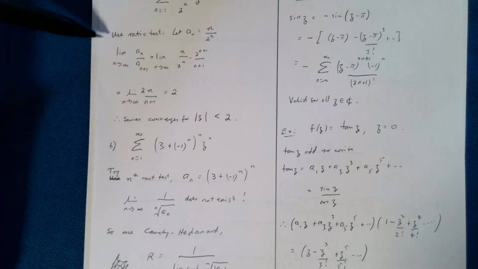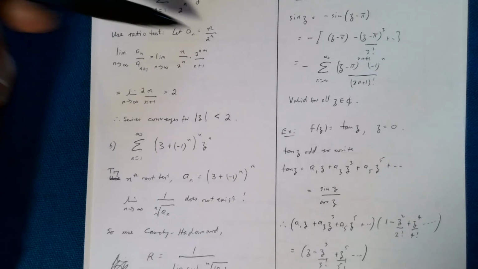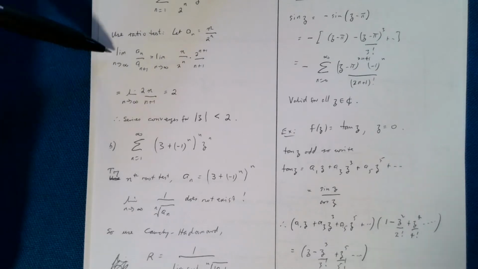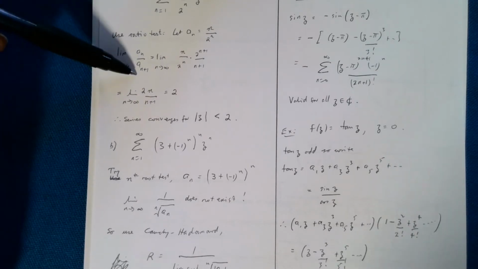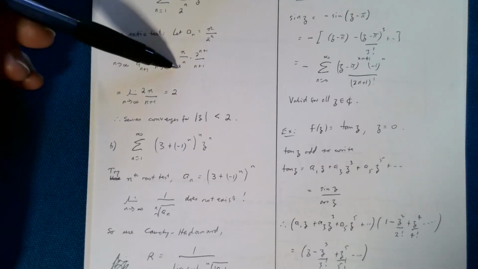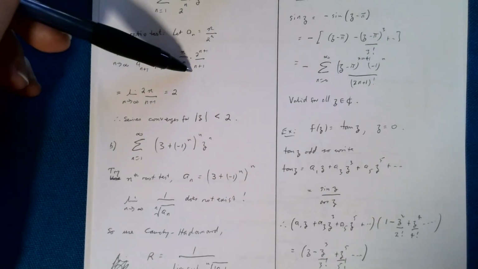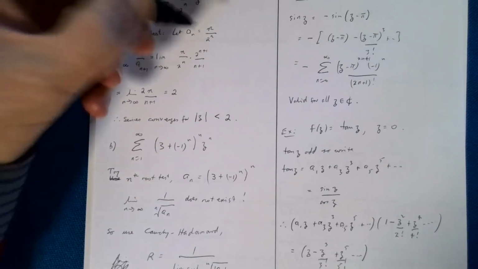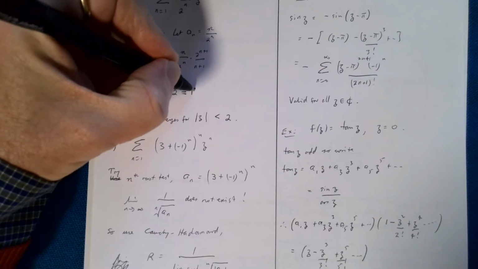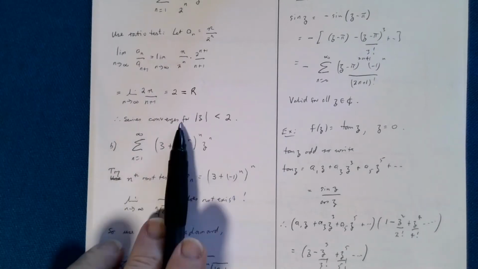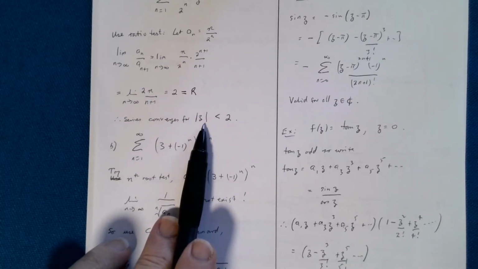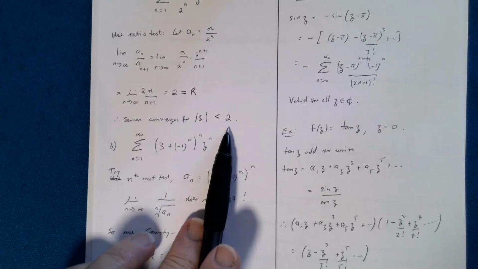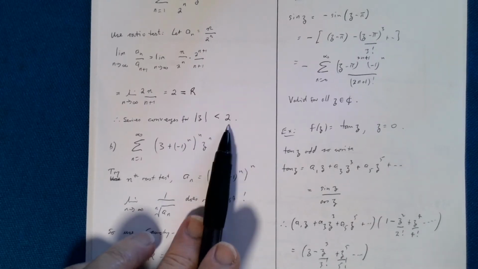By the ratio test, we let an be n over 2 to the n, and we look at this limit of a sub n on a sub n plus 1. So we copy a sub n and then invert and multiply, and this comes out to be 2. So this is our radius of convergence r, and the series then converges inside of this disk centre of the origin radius 2. So that's just that ratio test version of it.